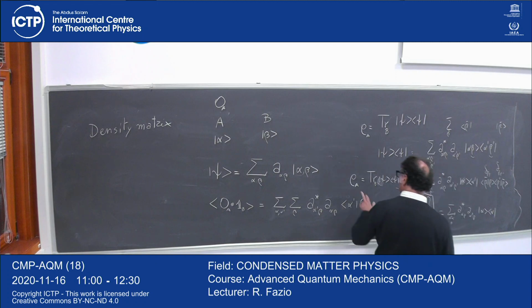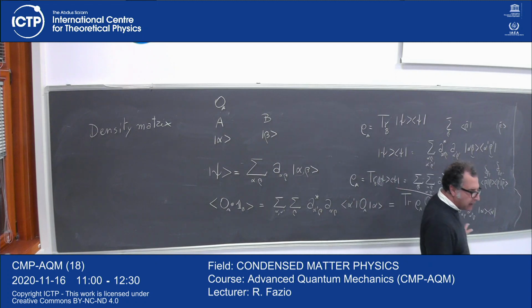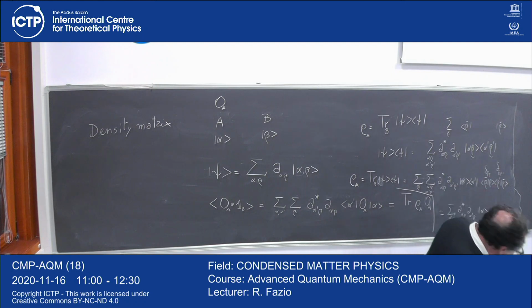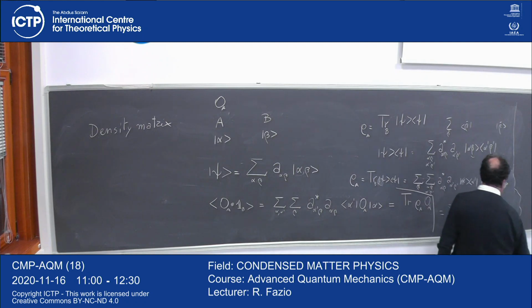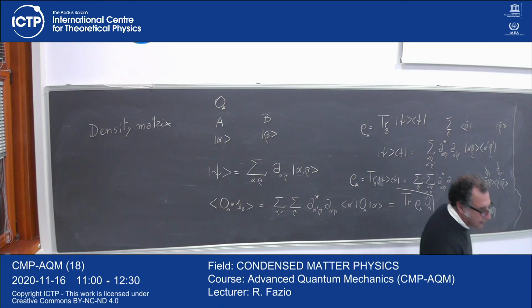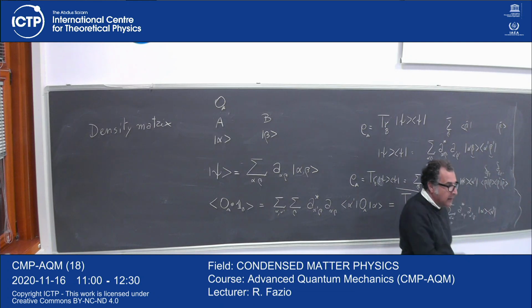So this means that this is a density matrix. You can verify that it satisfies all the properties. If there is a mistake, here there should be alpha prime, okay? It contains all the properties.